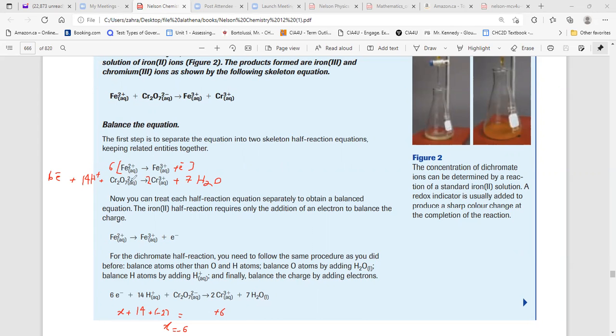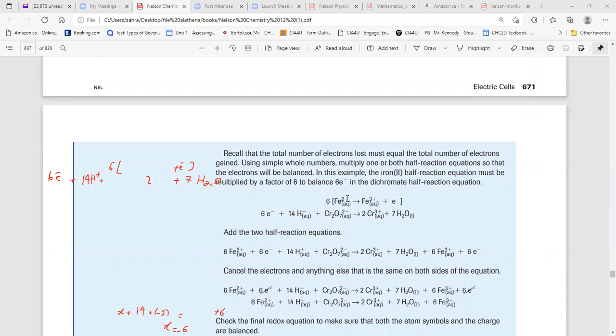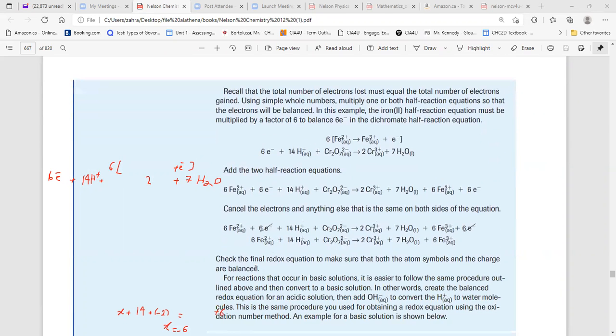You just add the left side to the left side, and the right side to the right side. Here it's shown as well: 6 Fe, 6 electrons, 14 H plus. There's 6 Fe again, 6 electrons, because this is multiplied by 6. Everything is added, then you cancel 6 electrons, 6 electrons, and then you just rewrite it.